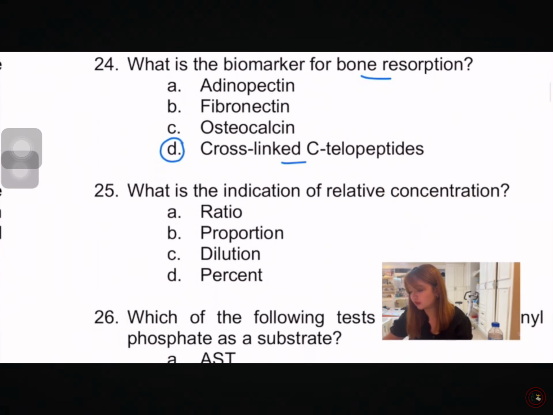Next question. What is the indication of relative concentration? This is an old recall question. The answer here is dilution.